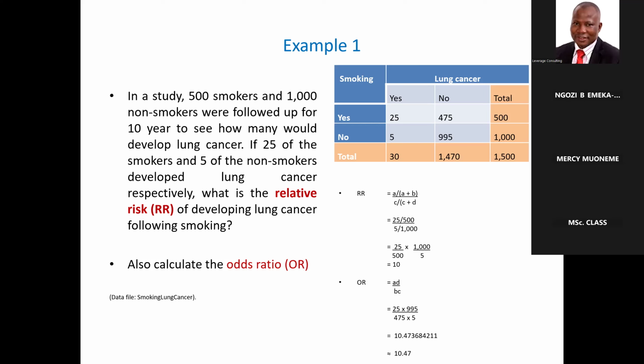What this is telling you is that the risk of lung cancer is 10 times greater among the smokers than the non-smokers. So smokers are 10 times more likely to have lung cancer.